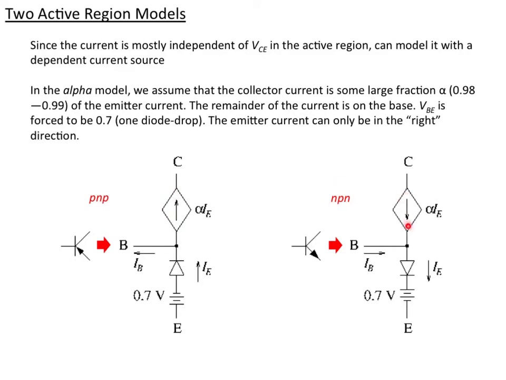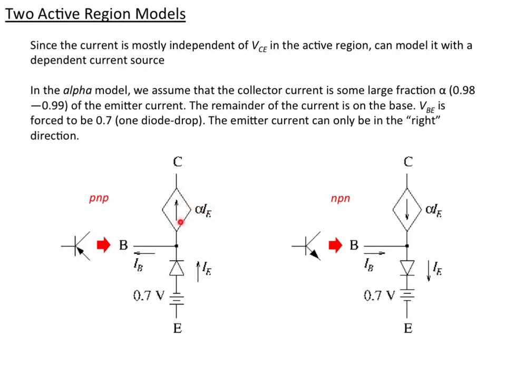In an NPN, it flows into the collector, and in this first model, the alpha model, it's some factor, very large, close to 1, of the current that flows on the emitter. So in the PNP case, we have a current that flows this way, and a little bit gets taken off.